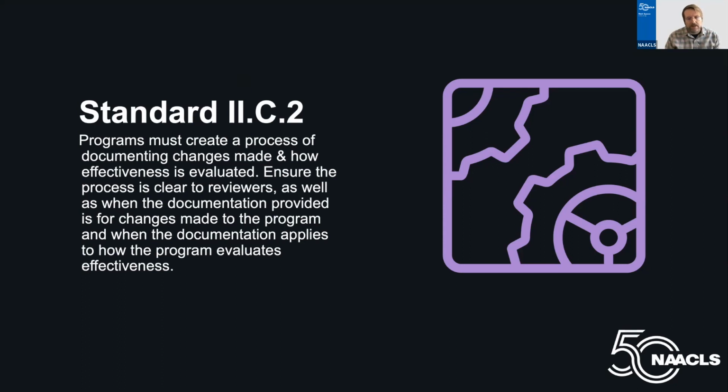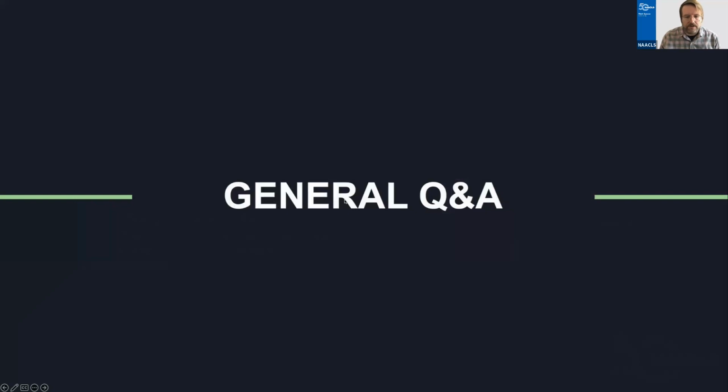So if you have somebody, maybe not in your department, somebody not used to NAACLS language, that can see our review form and look at this documentation, and if an outside party can track some of these items, or if they don't really understand when certain items are being discussed in minutes or those documents, it may provide you a little bit of heads up time, because if those outside parties don't quite know when these things are being discussed, it's very likely that our reviewers will not either. So that's kind of all we have for standard 2 right now.